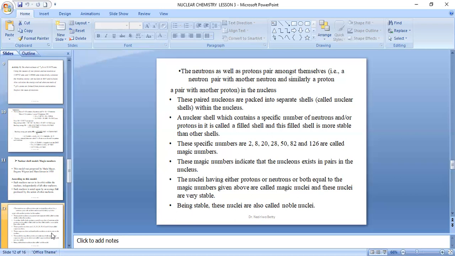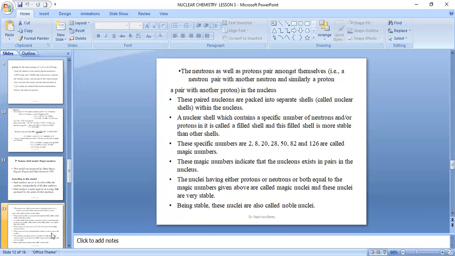These numbers are called magic numbers. These magic numbers indicate that the nucleons exist in pairs in the nucleus, and the nuclei having either protons or neutrons or both equal to the magic numbers given above are called magic nuclei. And these nuclei are very stable.